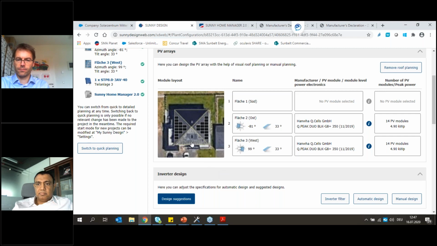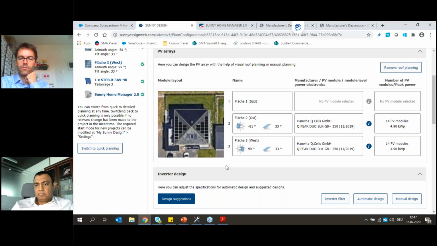So this is the latest feature of Sunny Design that gives you a glimpse, an idea of how the system will look afterwards once the PV modules are on top of it. Of course, there will be some kind of correction to make it even.